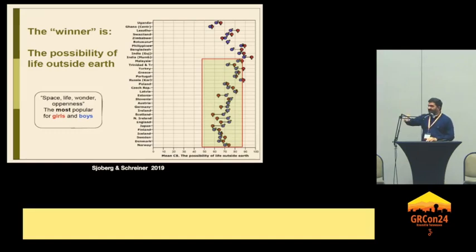I don't have time to go into detail, but the x-axis here shows the amount of interest, and the y-axis shows different countries. You can see almost all countries, across different geographical and socio-economic backgrounds, everybody is interested in talking about searching for life in the universe.